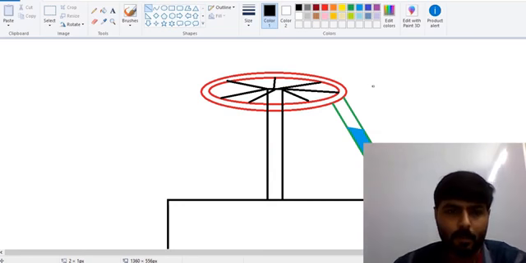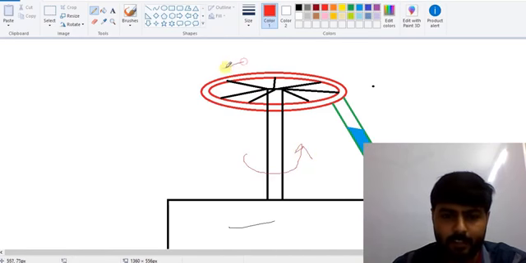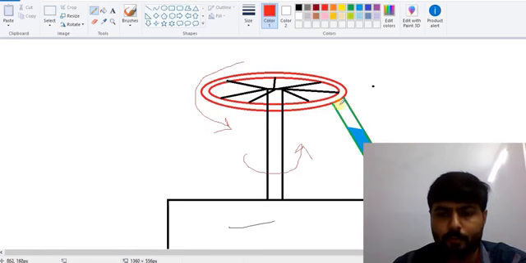Here we have a motor. That motor rotates this part, and as the motor rotates, the spindle rotates. As this spindle rotates, this also rotates, in which we have fixed test tubes like this. We can fix more test tubes on this periphery.